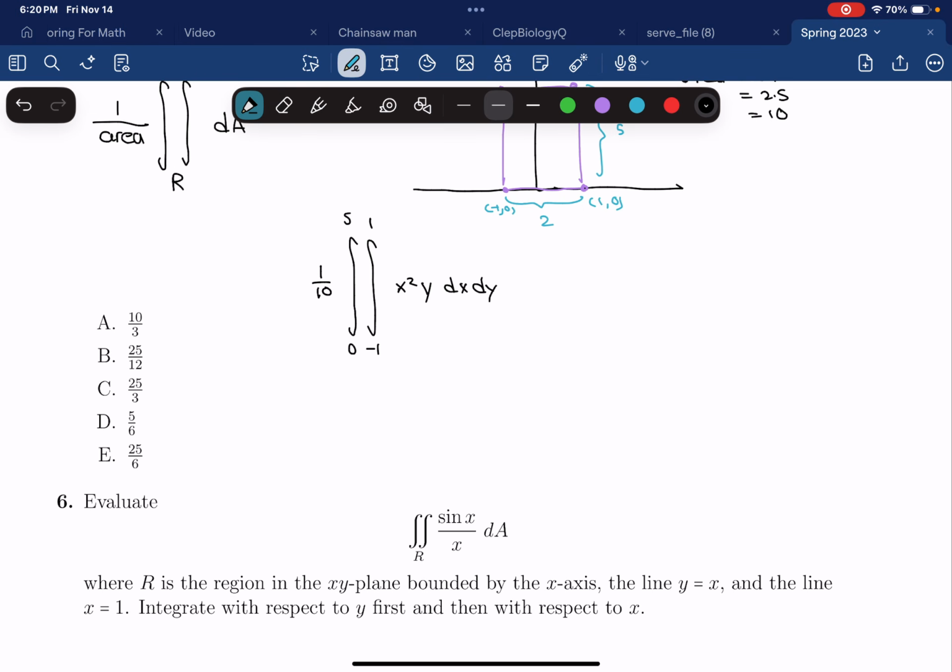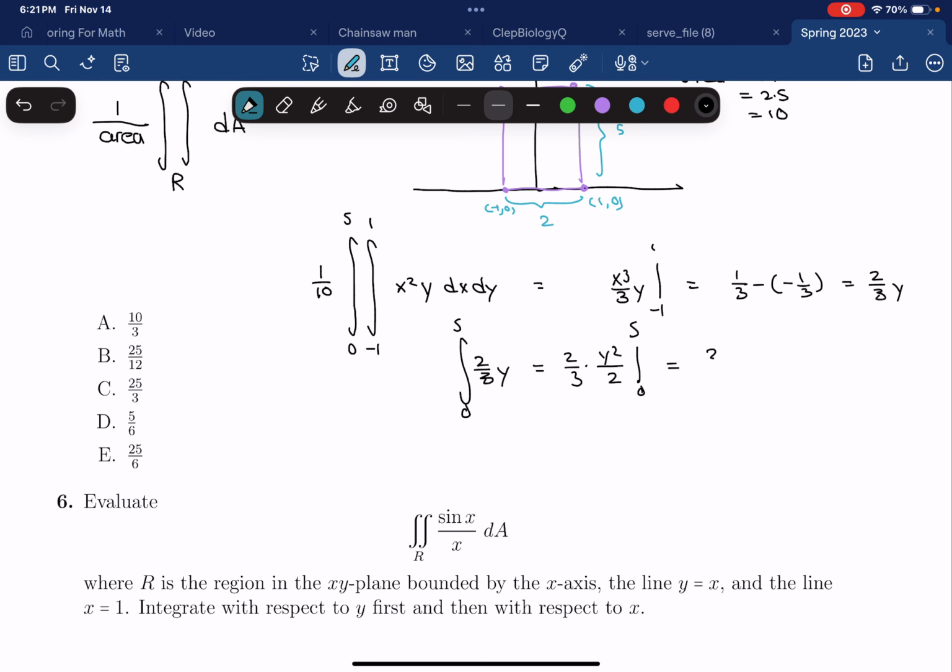If you evaluate this, you get x cubed over 3 times y from negative 1 to 1, which gets you 1/3 minus negative 1/3, which becomes 2/3 y. 2/3 y evaluated from 0 to 5 gets you y squared over 2, from 0 to 5, multiplied by 2/3 eventually.